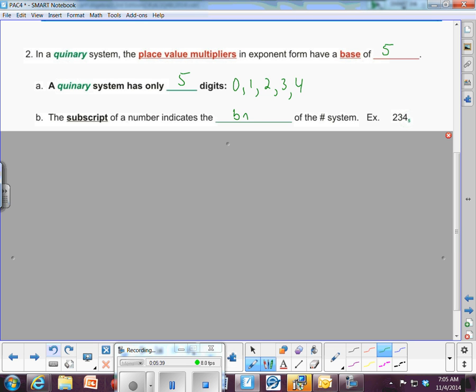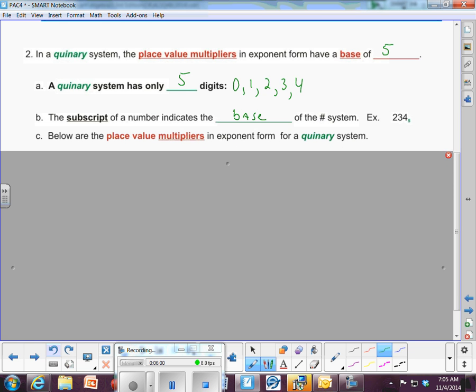So 234 in base 5 is what this represents. You really shouldn't even say 234 because it's the number 234 in base 5. All right, let's see how we do this.